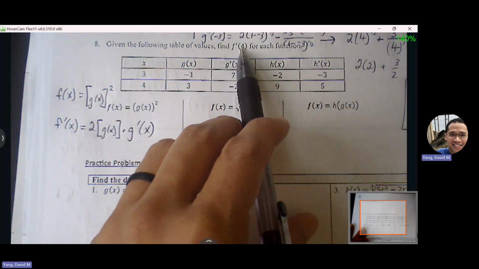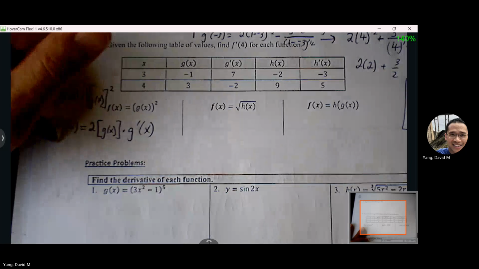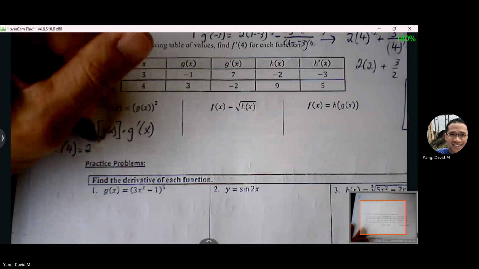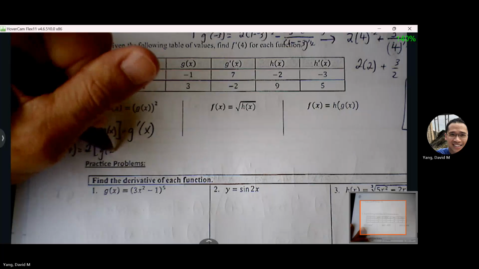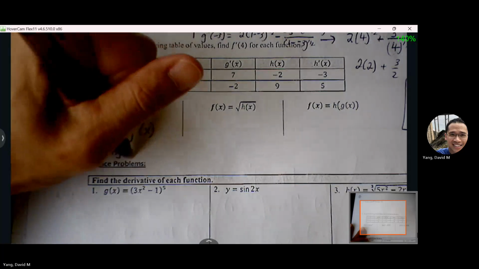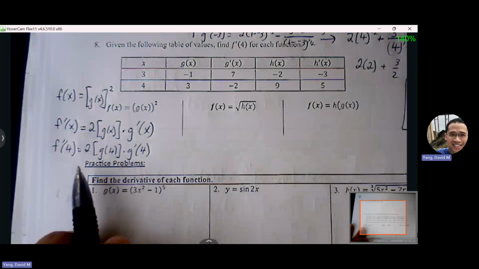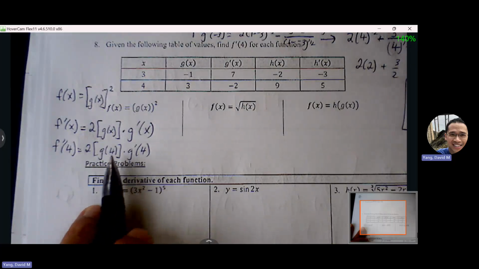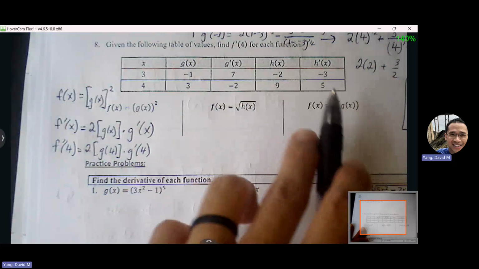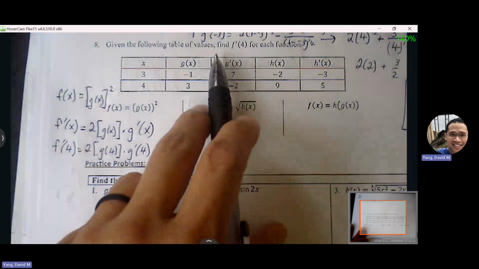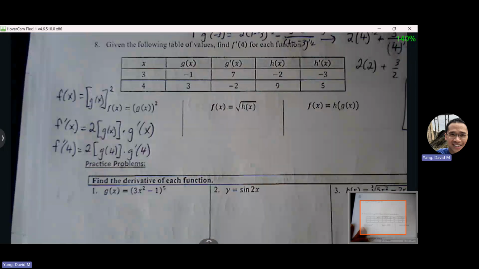So I can move towards f prime 4. And then you use your table of values to make your substitution, replacing all the function notation with numeric values. G of 4 gets replaced with 3, and g prime of 4 gets replaced with -2.